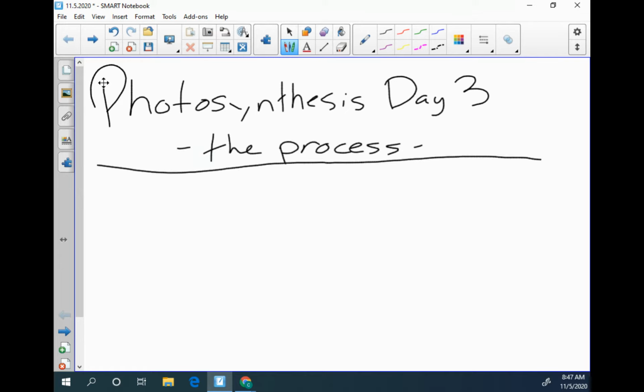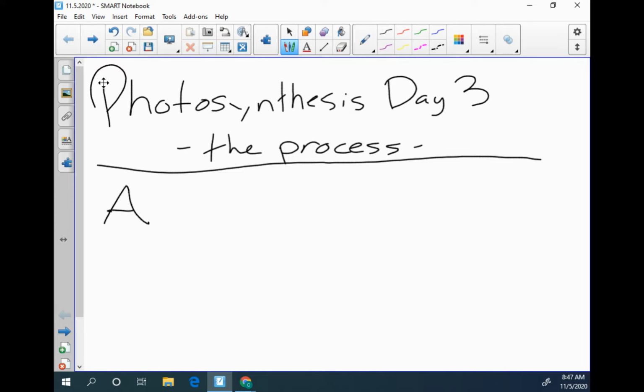So yesterday we talked about the difference between the light reactions and the Calvin cycle. So we're going to go straight into the light dependent reactions and learn a little bit more about how that process works.